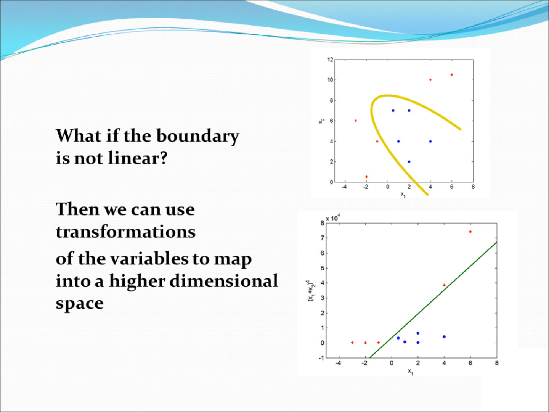If you make a transformation, that means you do a map of the x vectors to something like x squared, then you make this quadratic. You might make this curve a straight line. That's the whole idea.